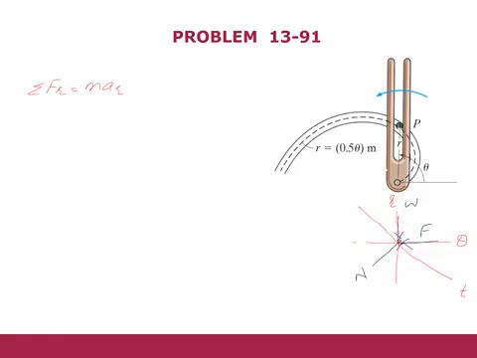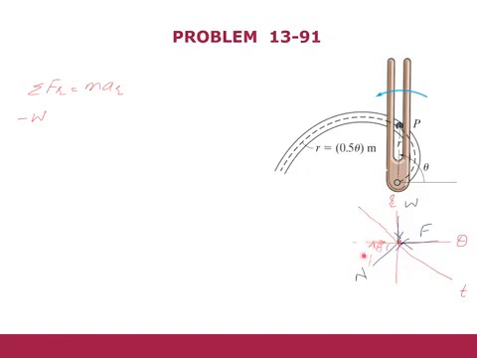We have a weight, so this is minus W, and we have a component of the normal force. If this is the angle theta, I can draw it like this, and this is the upward direction.